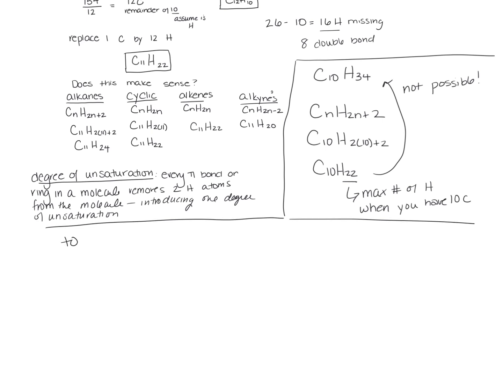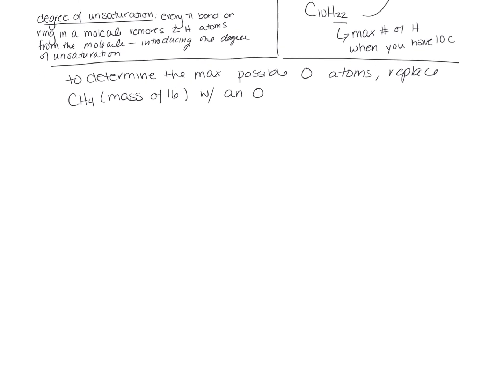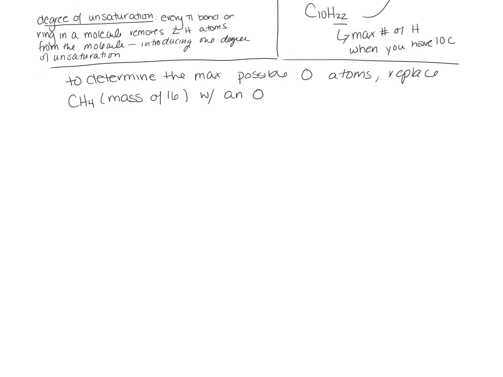Okay, now let's then come down and talk oxygens for just a second. To determine the max possible oxygen atoms, you replace CH4, right, which has a mass of 16, with an oxygen. So we started with, right, C12H10.